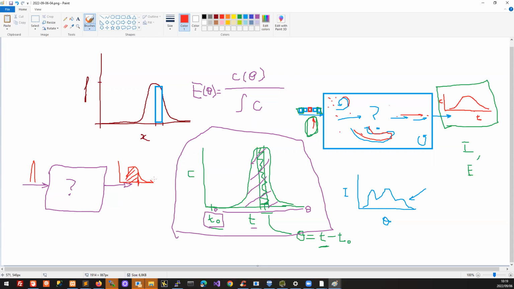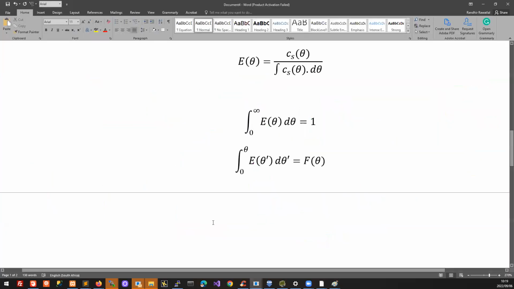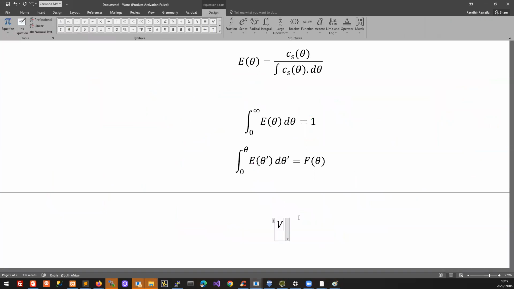So inside of the reactor, the amount of material that has spent this age can be defined. So we can say that the volume in the reactor multiplied by the fraction that is in the reactor between theta and theta plus delta theta, which we know is delta theta, like that.